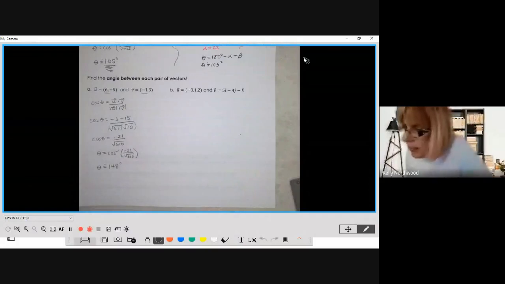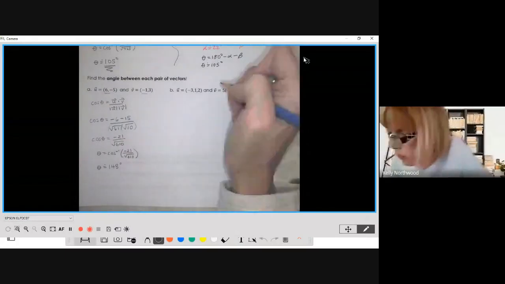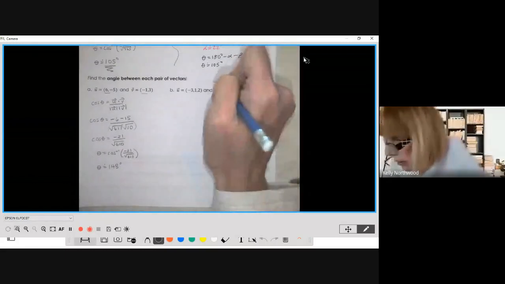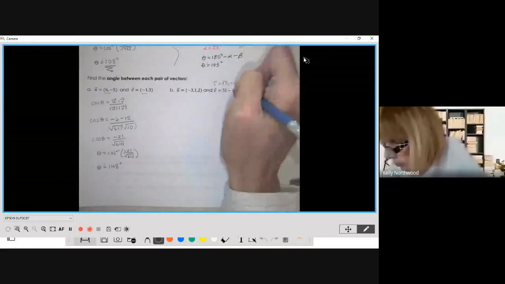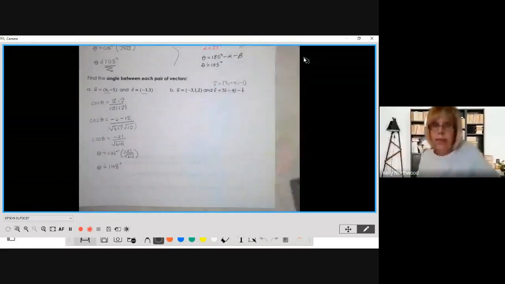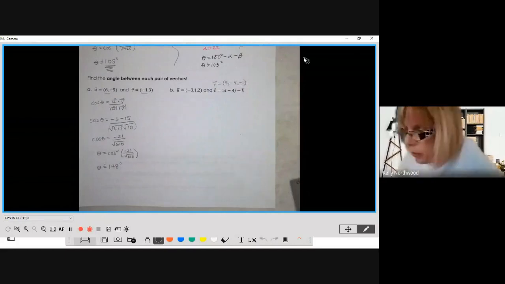Okay, so for B, now we're in 3 space, and we still want to find the angle between those two vectors. So immediately when I look at vector V, I want to restate it as an ordered triple, using that different vector form there. And then I'm going to use my formula for the angle between those two vectors.